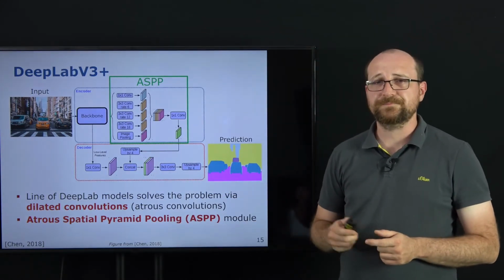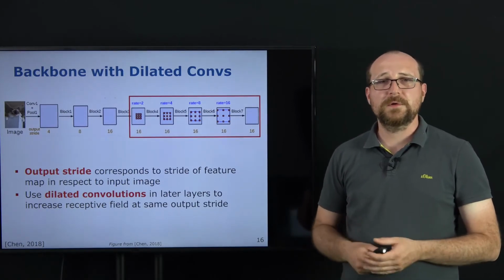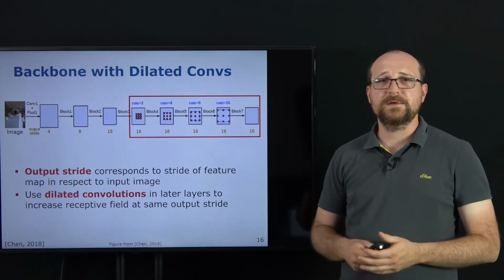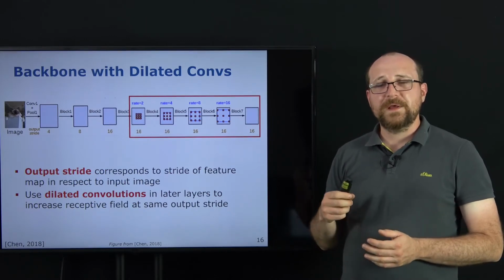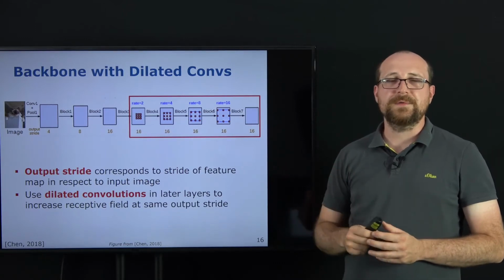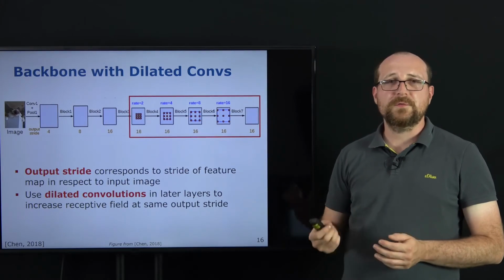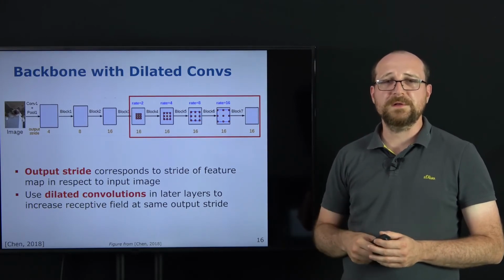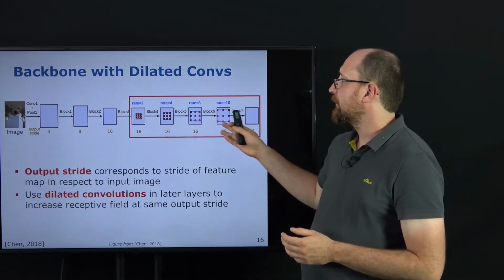And for the backbone, we can also include these dilated convolutions to achieve the same thing as we do by downsampling. By using dilated convolutions, we also want to have a large receptive field, and this is achieved by these blocks here.